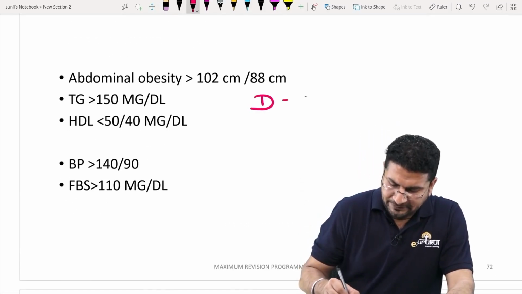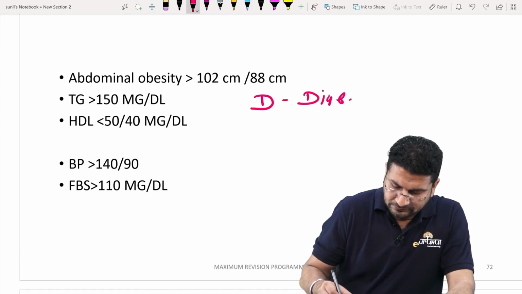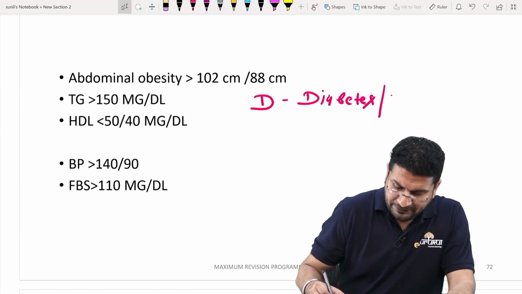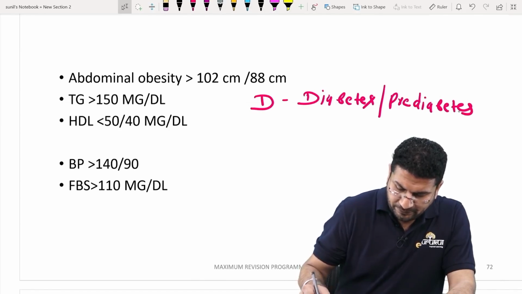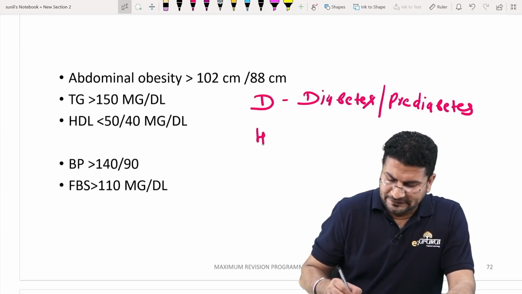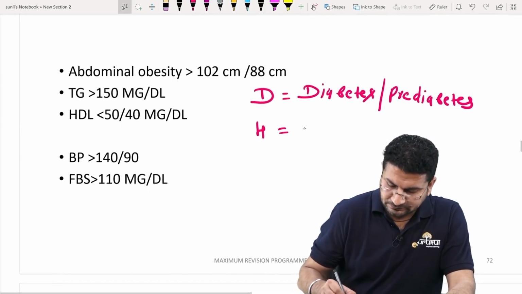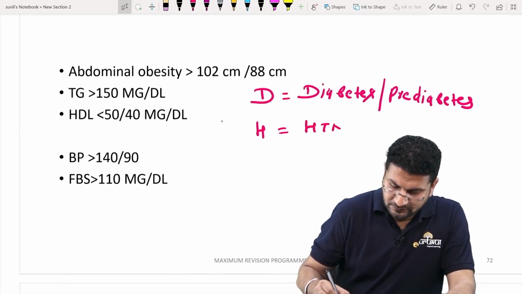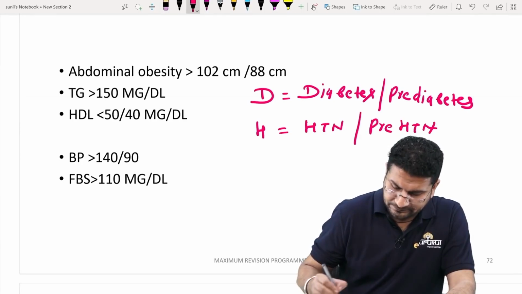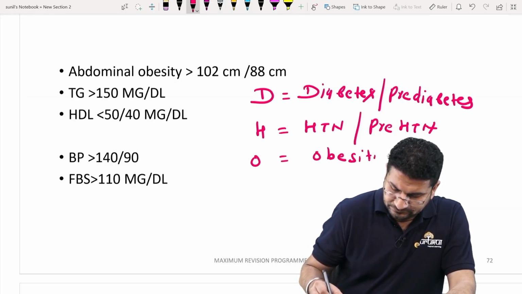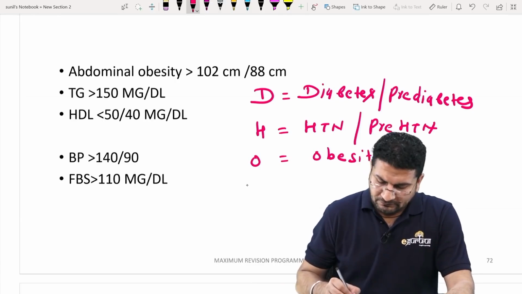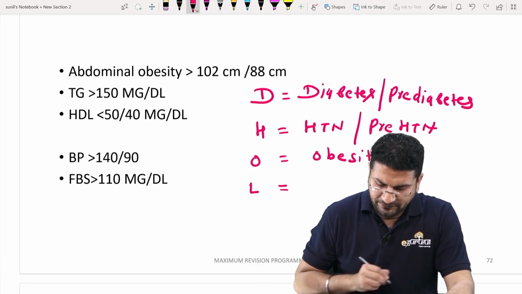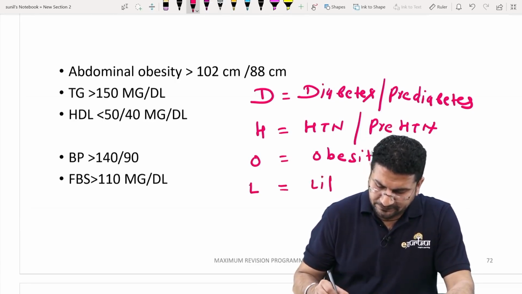Patient is having either diabetes or pre-diabetes. There is hypertension, stage 1, 2, or in the older classification, pre-hypertension. There is obesity, and there will be lipids.